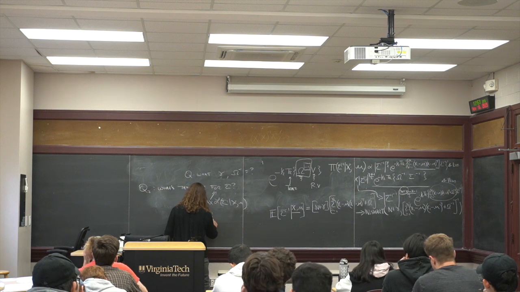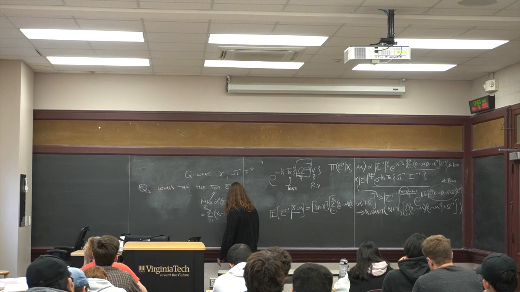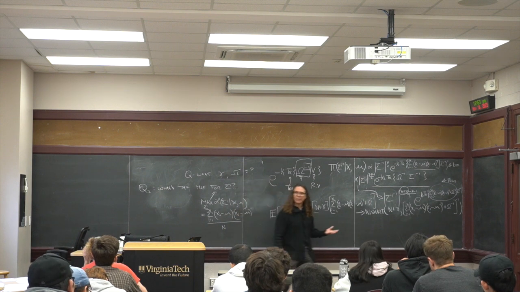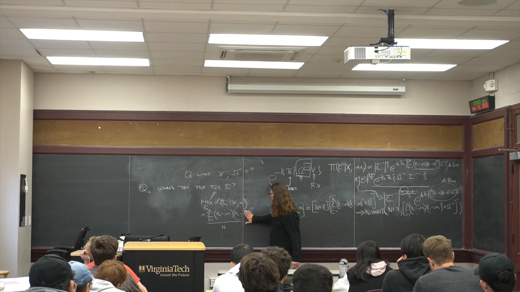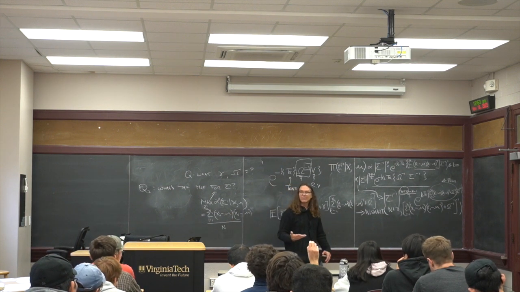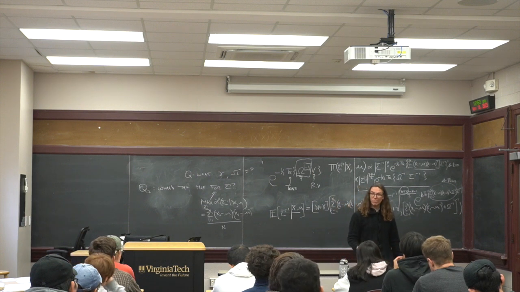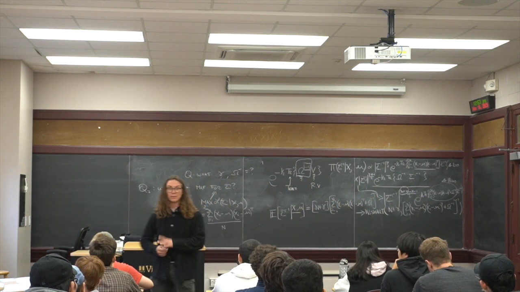Sum i goes from 1 to n, xi minus mu, xi minus mu, transpose over n. So that's the MLE. If you want to know the unbiased estimator for everything, you replace those with x bar and you divide by n minus k. But since we know what mu is, this is the unbiased estimator when you know what mu is.